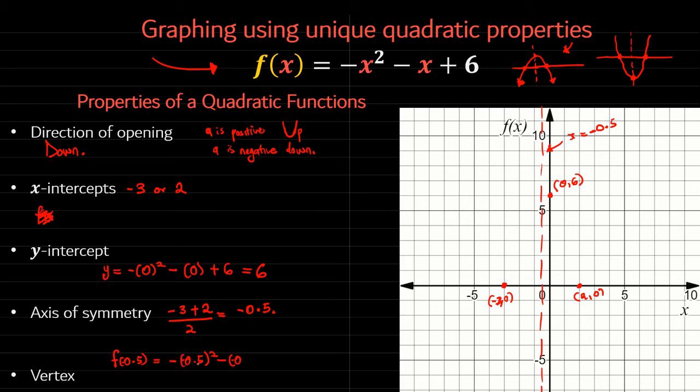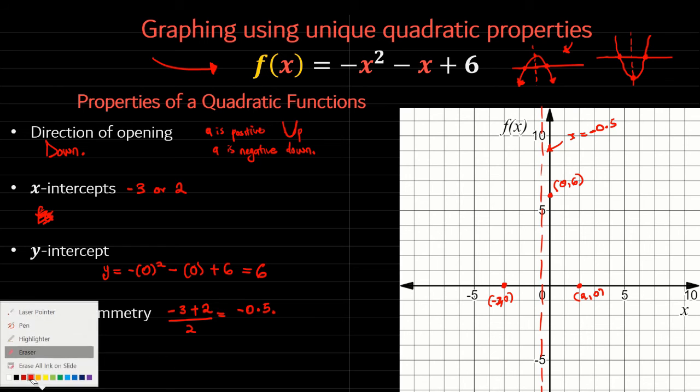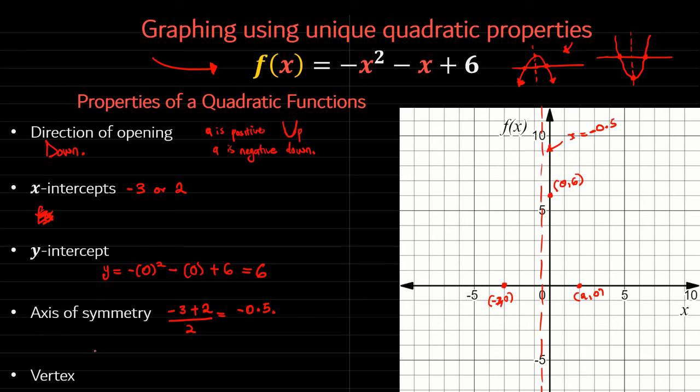You know what, so that I don't confuse anybody, I'm just going to do it all over again. There are just too many negatives. So f of x would be negative 0.5 squared minus negative 0.5 plus 6.